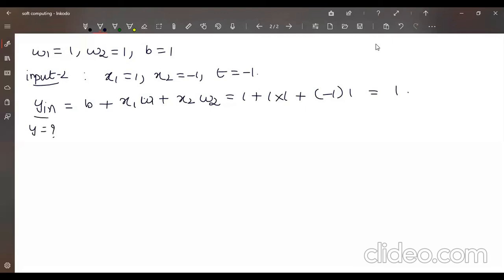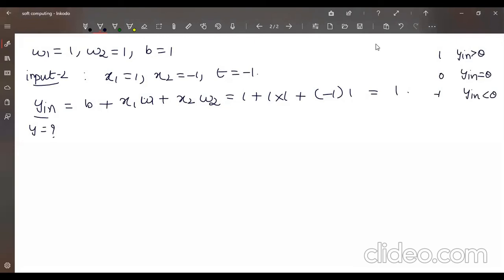Since Yin is equal to 1, based on the bipolar activation function in the perceptron network, we get 1 if Yin is greater than theta, 0 if Yin is equal to theta, and minus 1 if Yin is less than theta. That is our bipolar activation function.